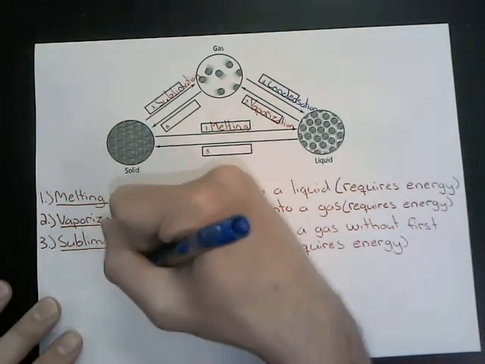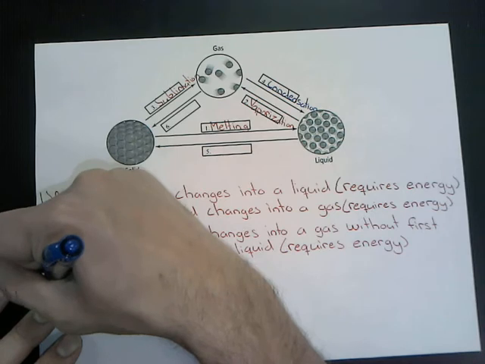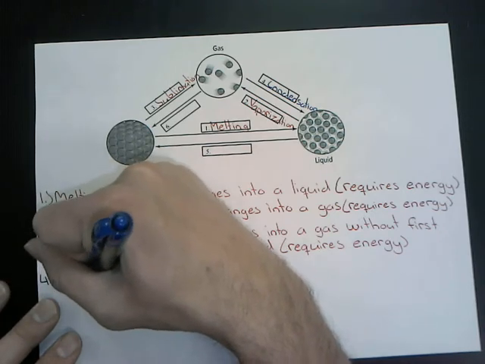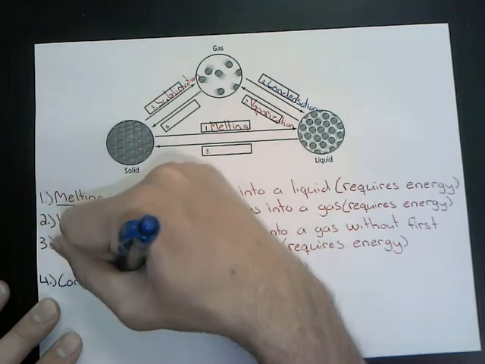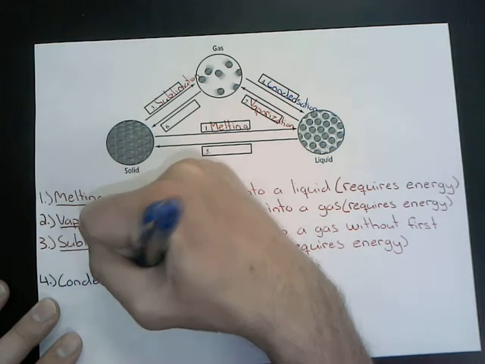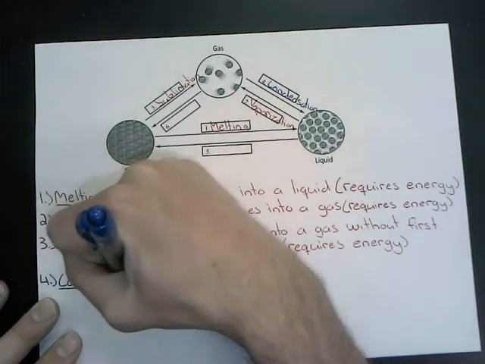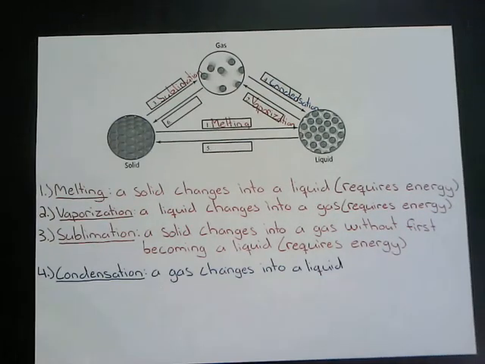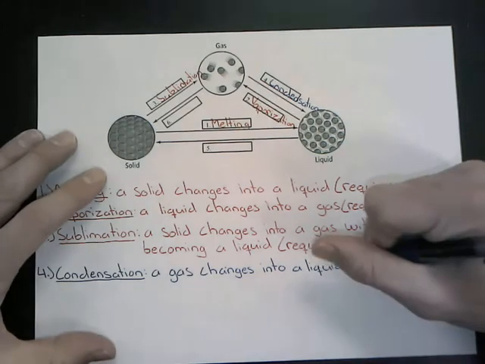Again, we're going to start out here with process number 4, and we're going to call this condensation. Condensation is when a gas becomes a liquid. In this process, energy is going to be released.